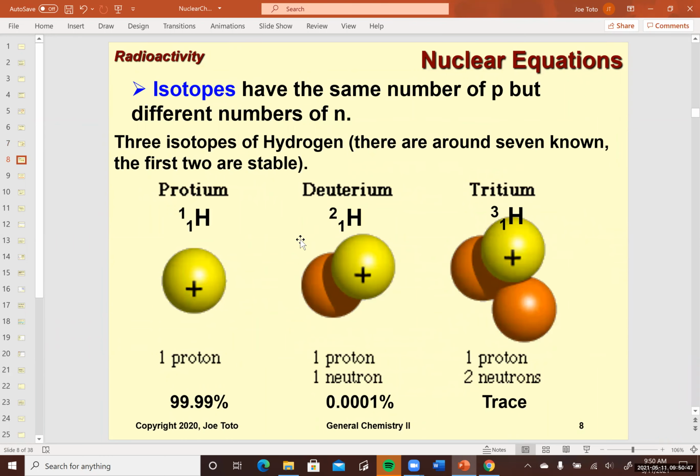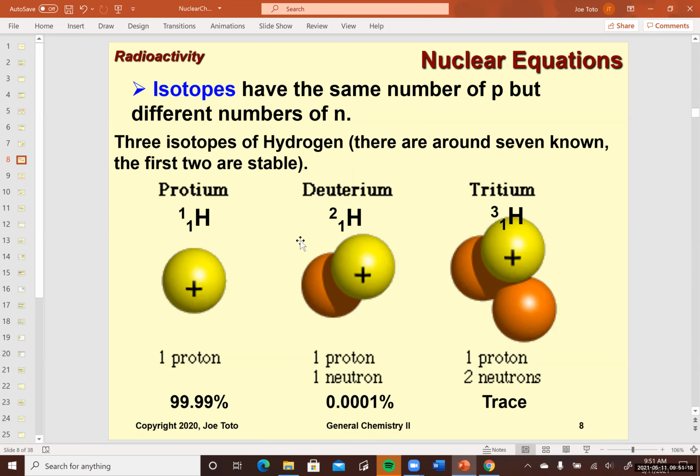All right, so here's an example of 3 different isotopes of hydrogen. Now, isotopes, you have to remember, are different than isomers. We're going to take a look at some isomers in the last chapter. But isomers are different molecules, different compounds, but they have the same formula.